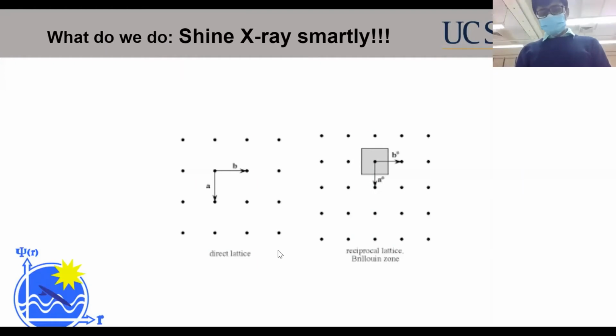Now, the reciprocal lattice is just defining the same thing, but in a different way. It's saying, what is the periodicity of this thing in that direction?